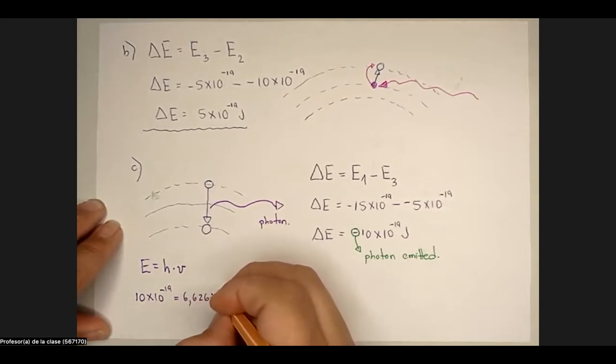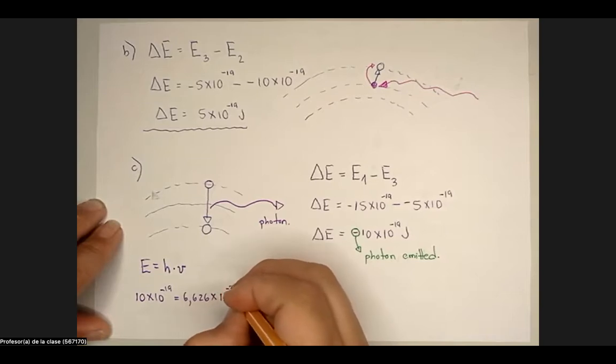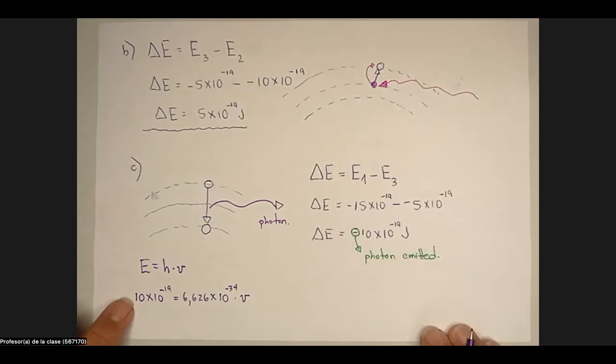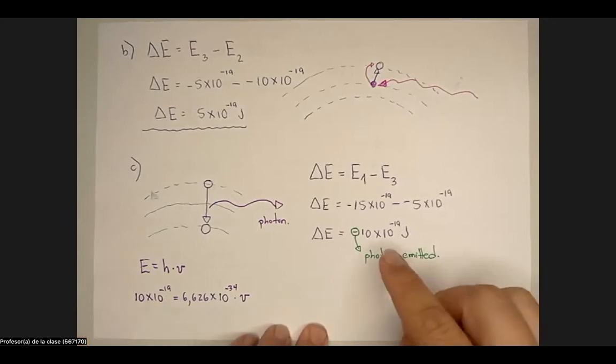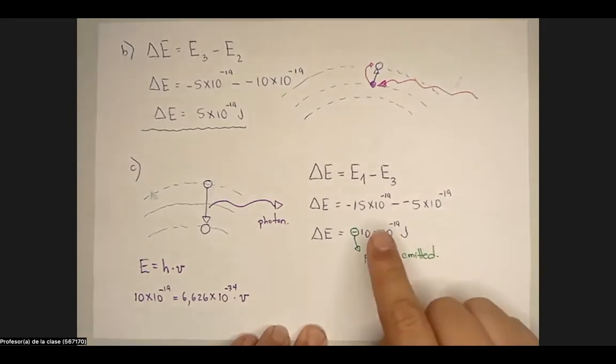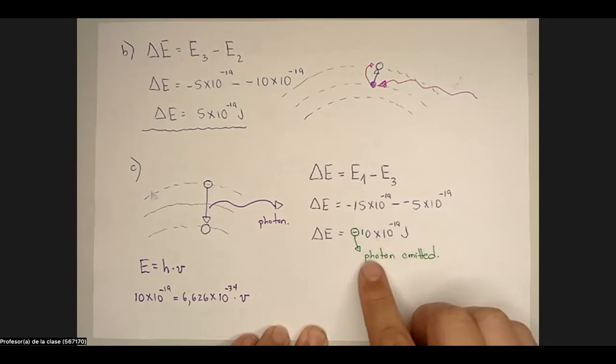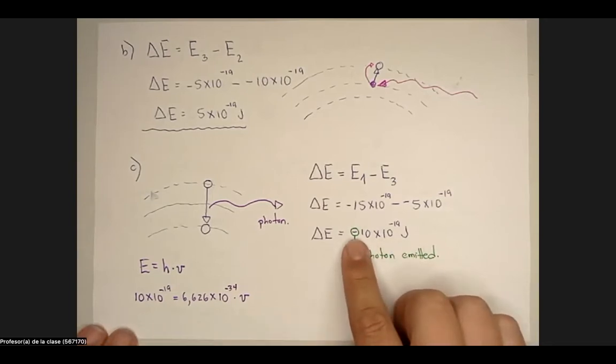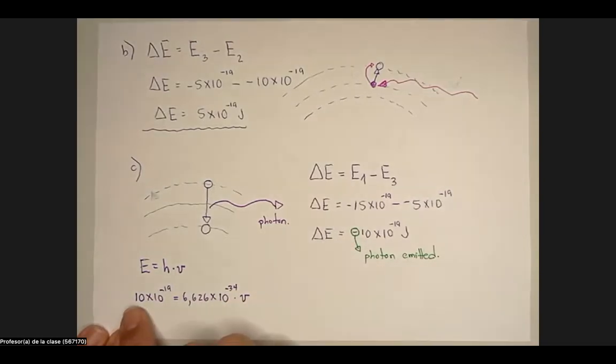It's a good question. This energy will be positive because I did the interpretation here that this energy is about the photon that is emitted. You will not need this minus to do this formula.